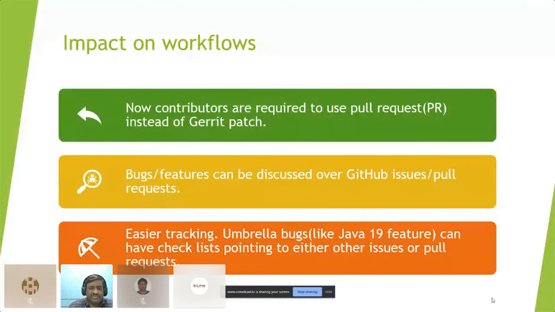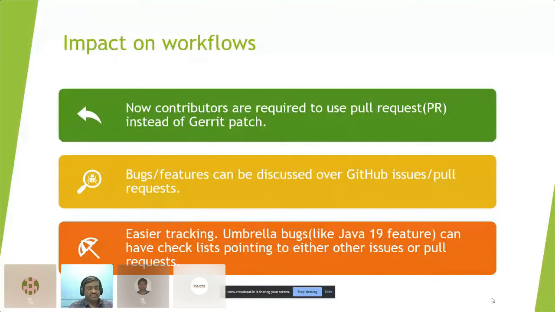And now bugs and features. Since Bugzilla is not supported software and we had to move away from it, we decided to move to GitHub issues and pull requests. For most of the feature enhancements we are using GitHub issues, and major bug fixes also use GitHub issues.